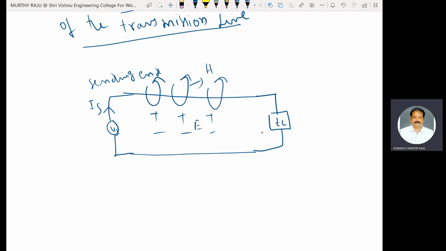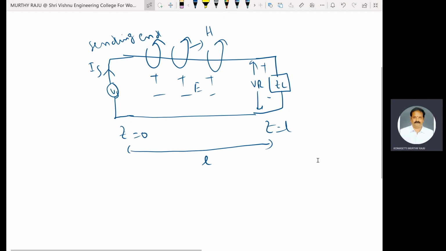VR is the voltage at the load, at the receiving end. Z is equal to 0 at the source, and Z is equal to L, where L is the length of the transmission line. This is the description of the two-wire transmission line.